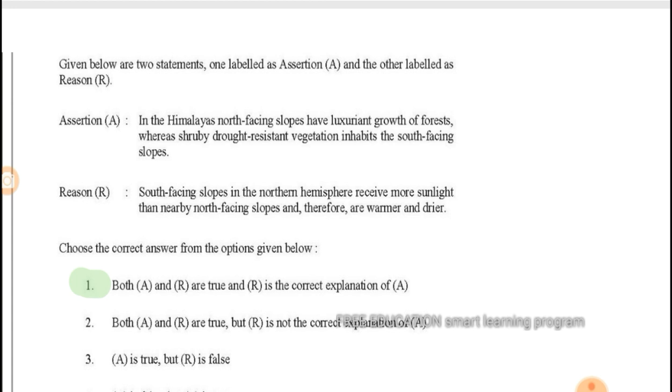The reason: south facing slopes in the northern hemisphere receive more sunlight than nearby north facing slopes and therefore are warmer and drier. So, these two, assertion and reason, are true, and the reason is properly explaining the assertion. So, our right answer is 1.